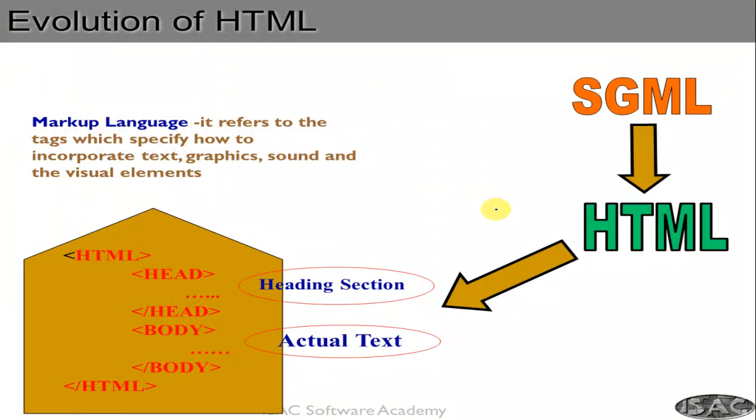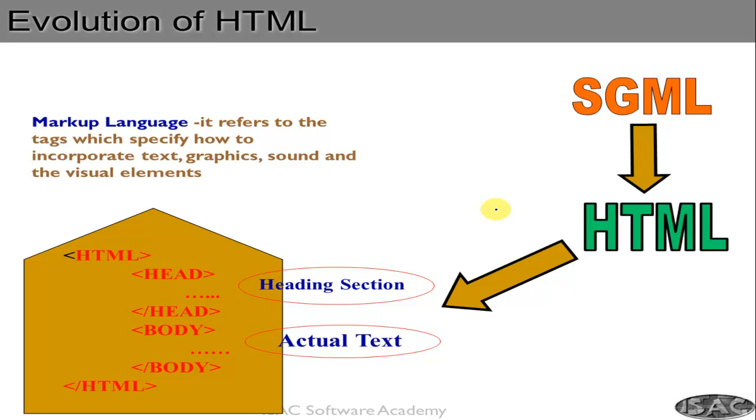Now we will get into HTML, whose full form is hypertext markup language. So that is what we are going to discuss now. What is HTML? HTML is nothing but a markup language. It refers to the tags which specify how to incorporate text, graphics, sound, and visual elements and display them on a web page.